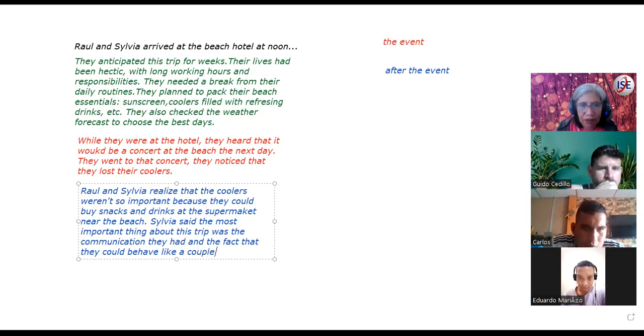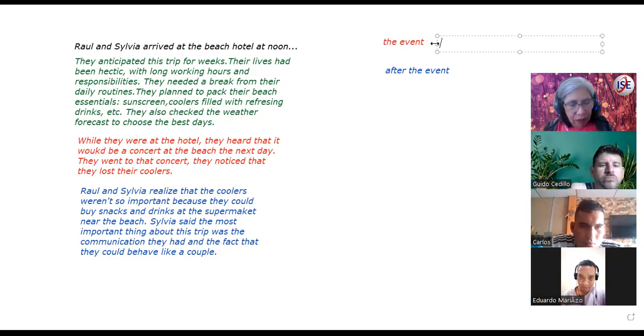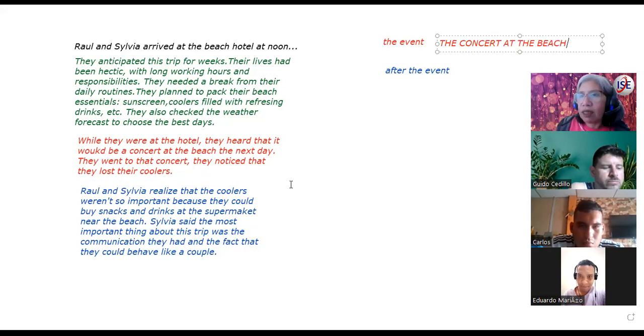Okay. So notice here we actually have the things we need for writing a story. First of all, it is in past tense. Secondly, before the event, before the concert, because the event would be the concert. The concert at the beach was the event.